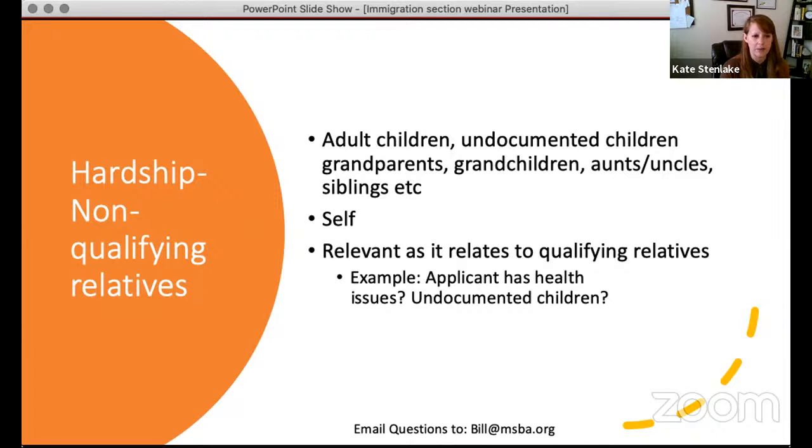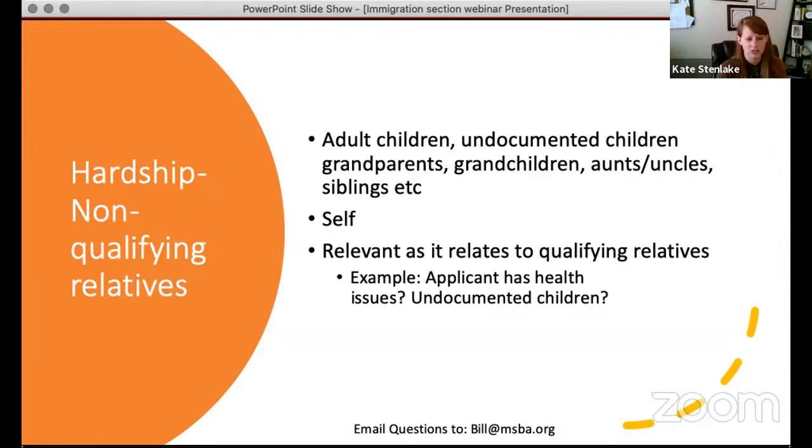So you would want to frame that: if the client has to return to Mexico, for instance, and he has serious health issues, how would that impact the USC wife or the children in terms of finances, mental well-being, and inability to access healthcare?